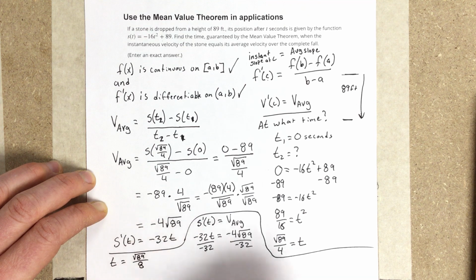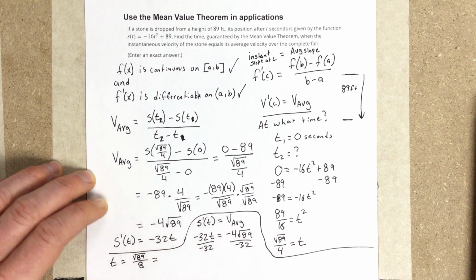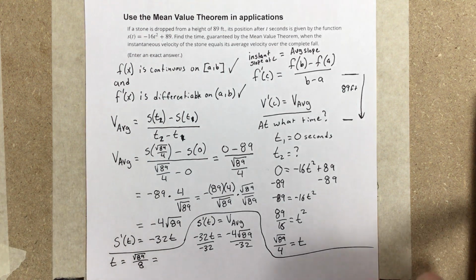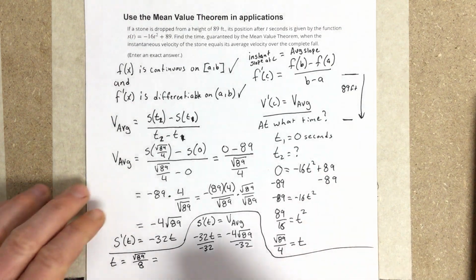over 8. So the time where these two things are equal, the instantaneous velocity and the velocity average, this time where that occurs is at root 89 over 8, which if I put that in the calculator, I think they want an exact answer, but we'll get the decimal too.